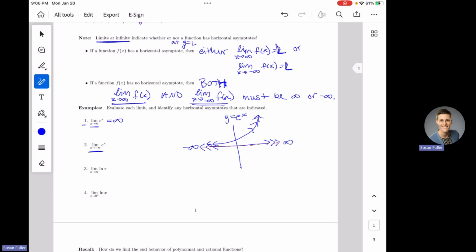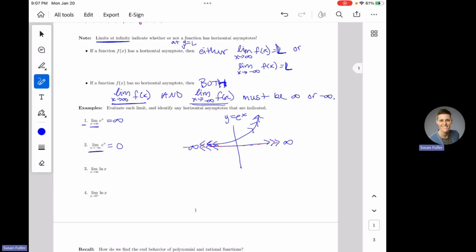As I trace my function all the way off to the left, where's my y? Where are my y values headed? Well, they're getting smaller and smaller and smaller. They're getting really, really close to y equals 0. They're never actually getting there, but that is where the road is headed. It's headed toward y equals 0.